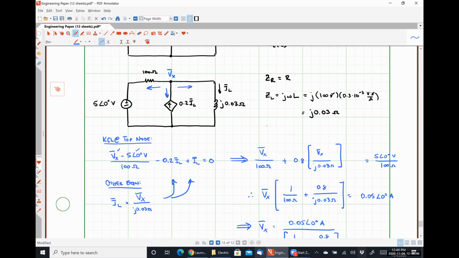From that step, I guess technically, I could do current division, but it might be a little hinky because I have that dependent source in there as well contributing current. So I feel like I would have wound up effectively doing source transformation and then winding up doing Kirchhoff's current law at the top node anyway. So that would have just added one more step.